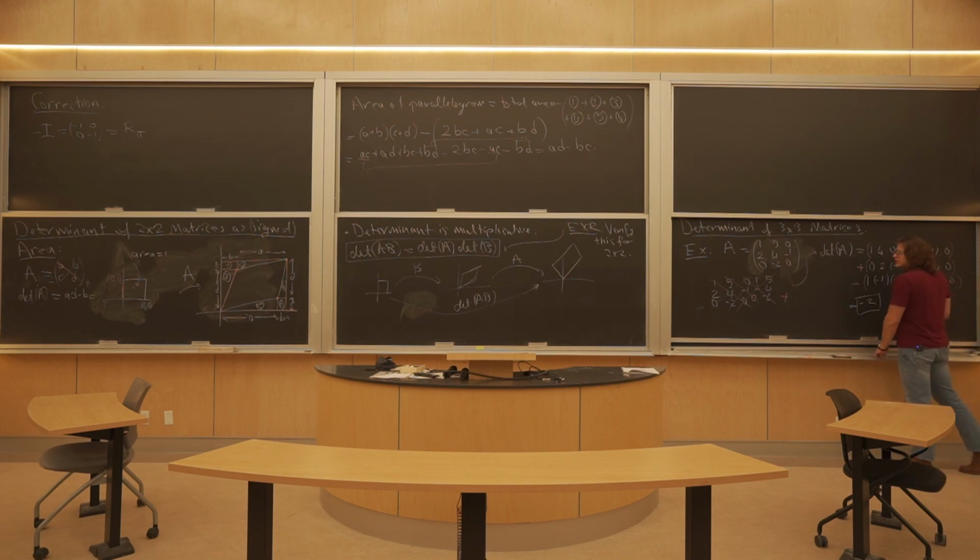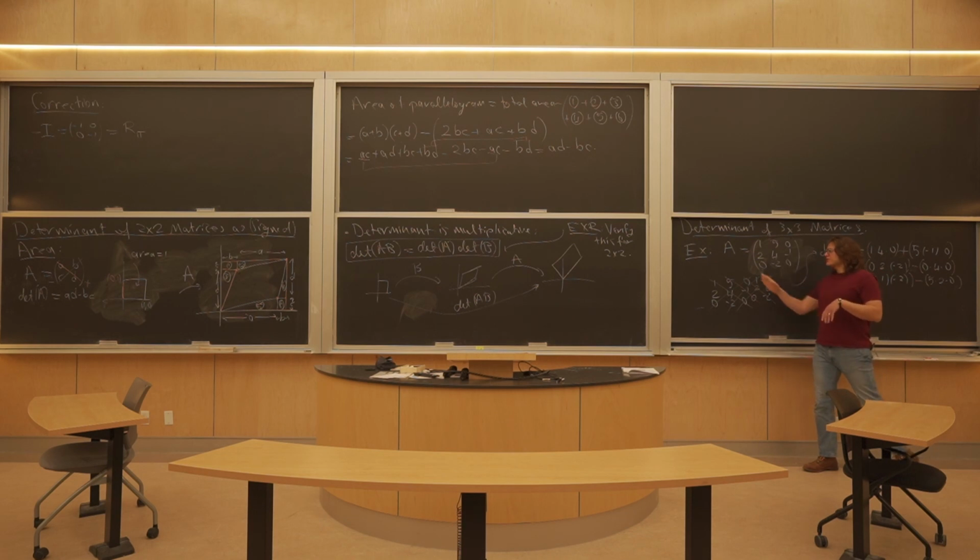That's how we compute the determinant of a 3 by 3 matrix. So what does this mean? Forget about the minus first. I have 2 here. This is really telling me that if I were to start with the unit cube, just like I did over there, but in 3 dimensions, and apply A to it, it would turn into a parallelepiped, I guess. It's hard to see the edges here.